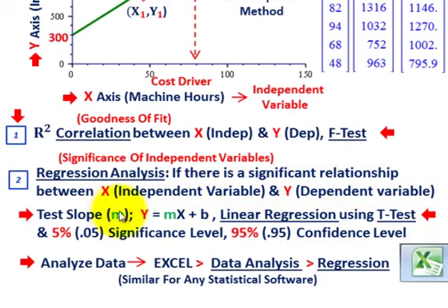We're going to be testing the slope of this line, Y equals M, the slope of the line, times X, in this case the machine hours, plus B, the y-intercept. And we're going to be using linear regression with what they call the t-test. We're looking at a 5% significance level or a 95% confidence level.